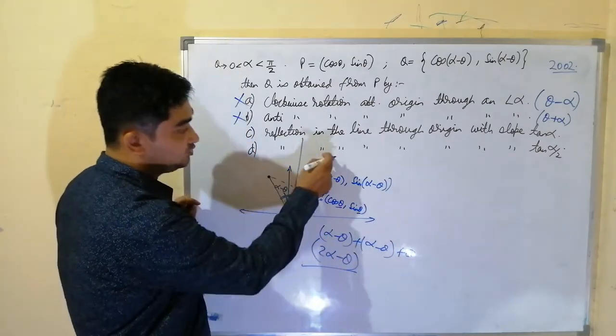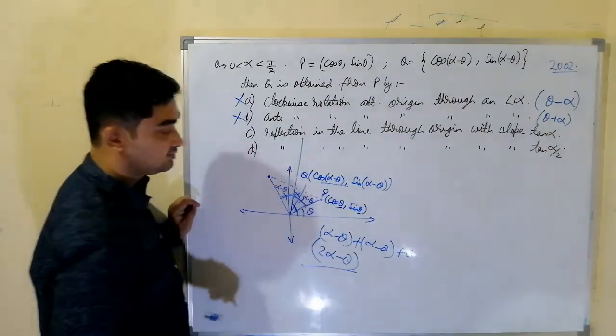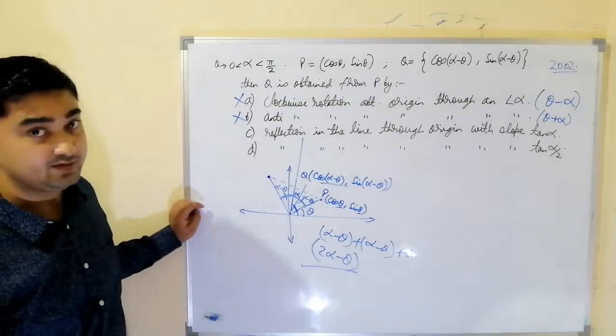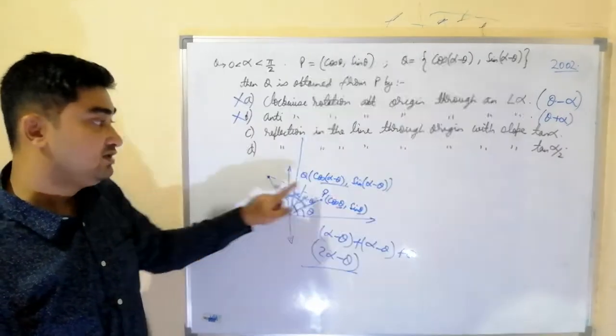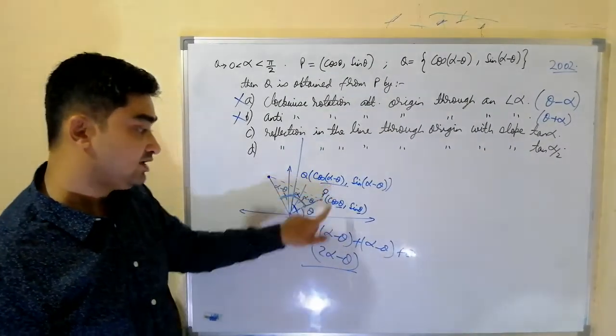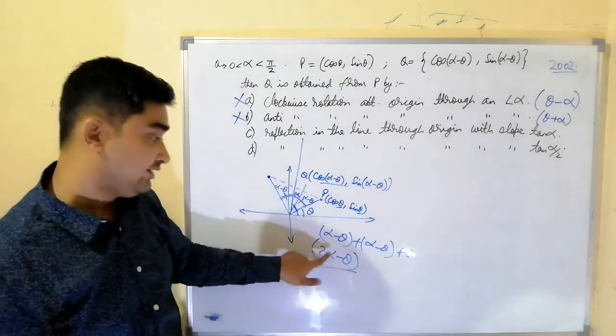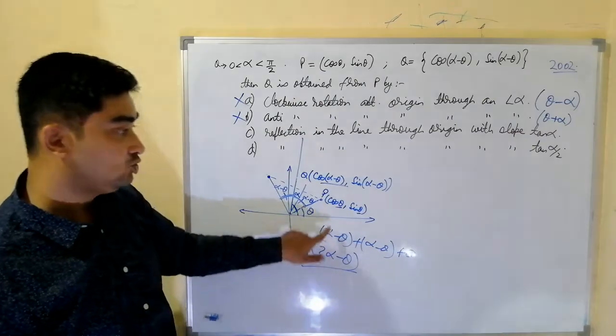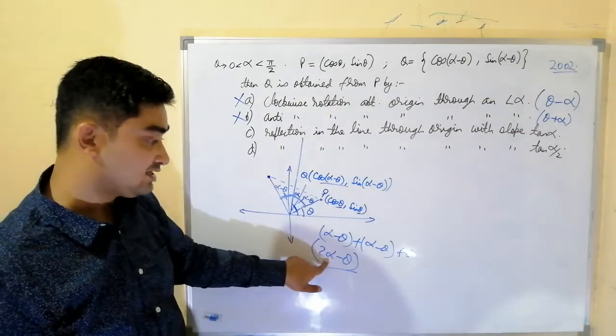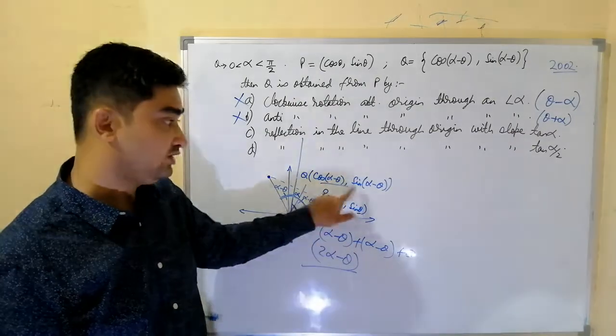But do we want the argument 2 alpha minus theta? We want the argument alpha minus theta. We will get the final argument as alpha minus theta if we replace alpha with alpha by 2. That is what we want.